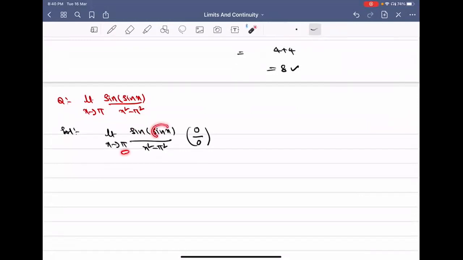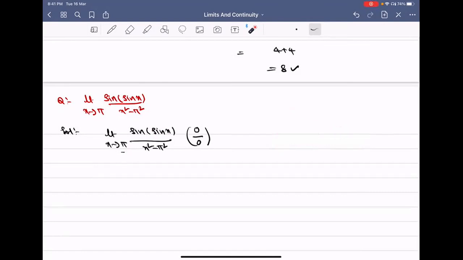Now, as x tends to pi, sine x tends to 0. If x goes to pi, sine x goes to 0. Therefore, if alpha x tends to 0, then sine alpha x is equivalent to alpha x, an equivalent infinitesimal. So you can replace sine alpha x with alpha x.